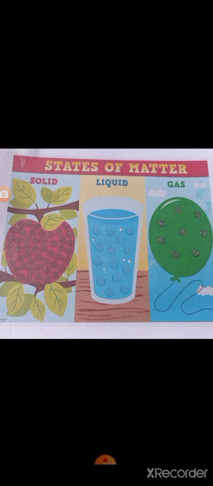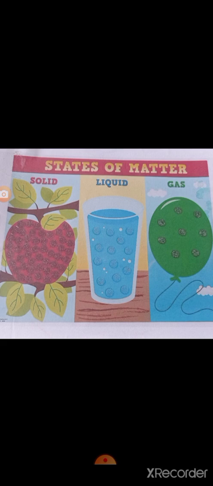So come to another state, that is gas. A gas has very little force of attraction between the particles, so they freely move here and there, and we blow a balloon, and the gas is captured in this balloon.